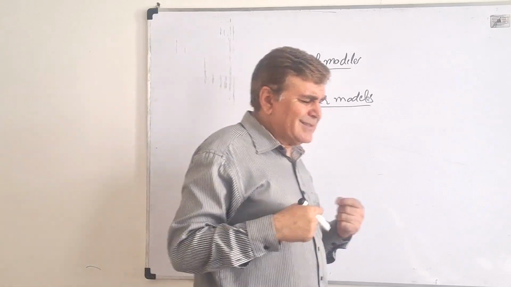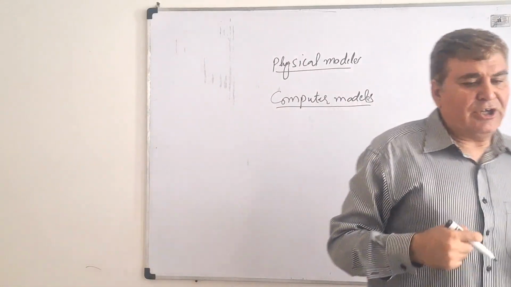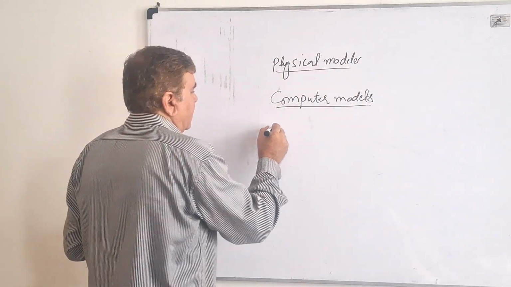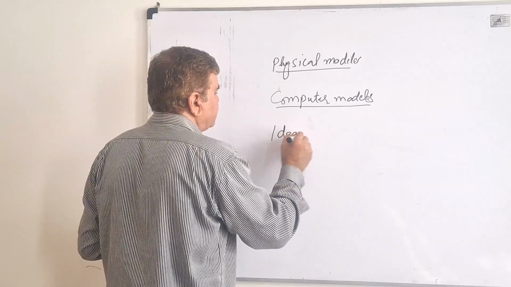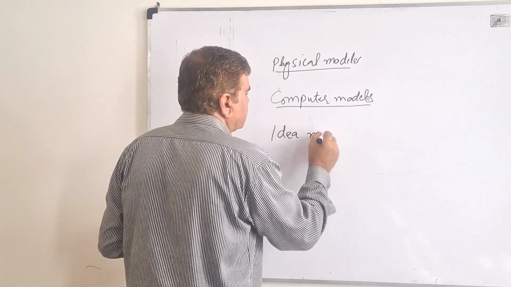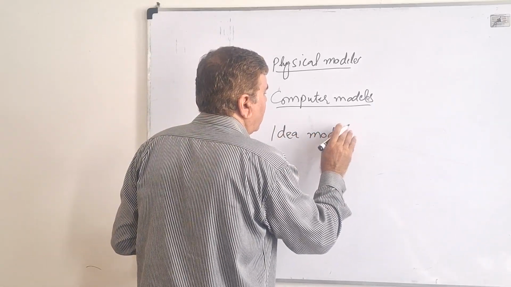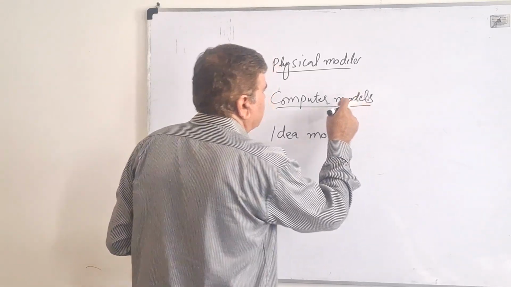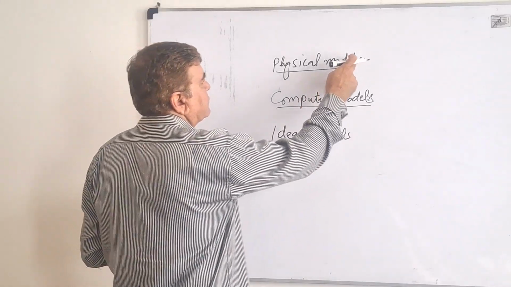Then there is a third type of model that scientists use, and that is called an idea model. I think there is no S over here. Yes, there is no S over here.